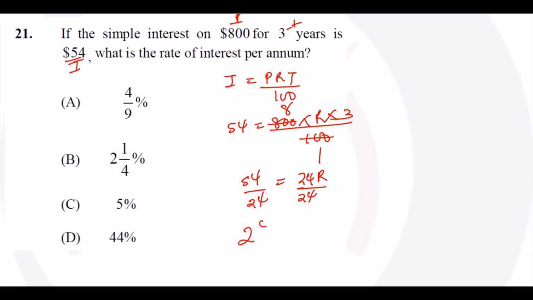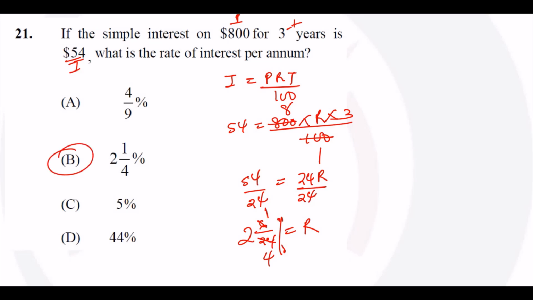So we get 6 over 24, which is equal to R, where we can simplify: 6 into itself 1 time, and 6 into 24 goes 4 times. So we get 2.25%. So our answer is B.